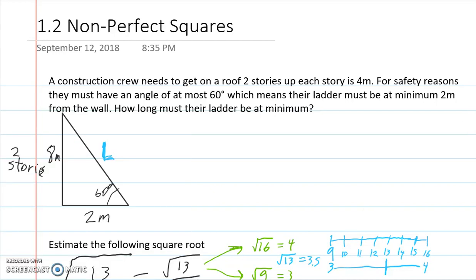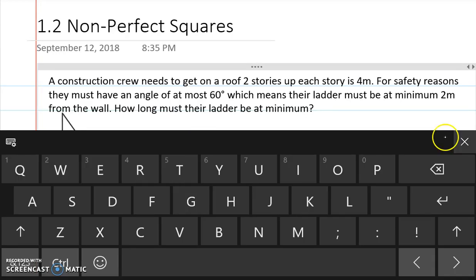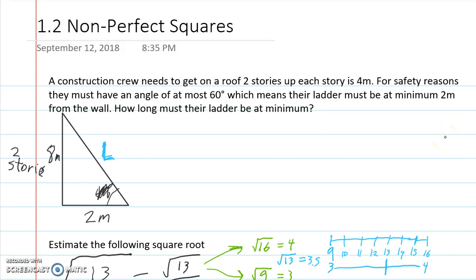Actually, this is pretty good news because we don't care about the 60 degrees, and we don't care about the 2 stories. All we care about is the 2 meters and the 8 meters, because we have the Pythagorean theorem: C squared equals A squared plus B squared.